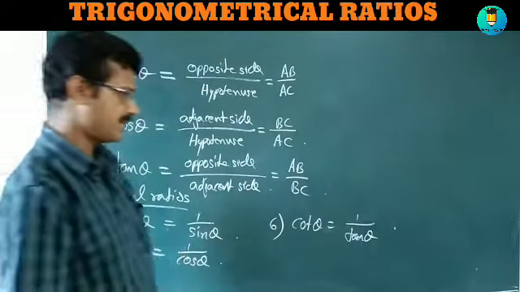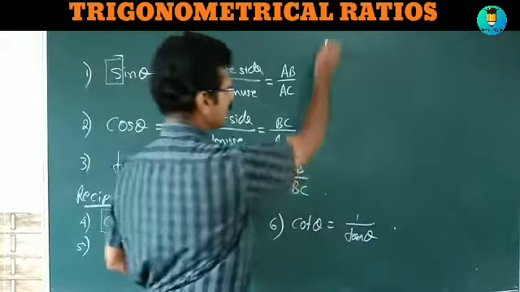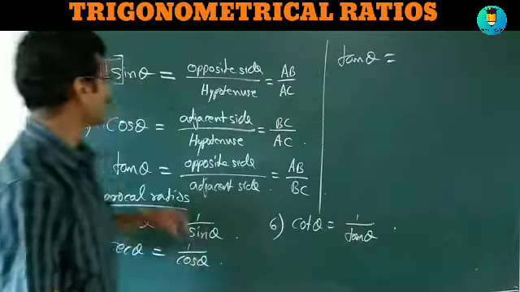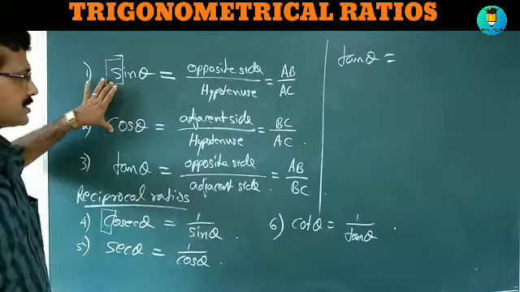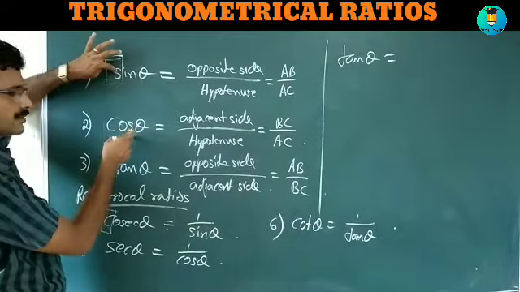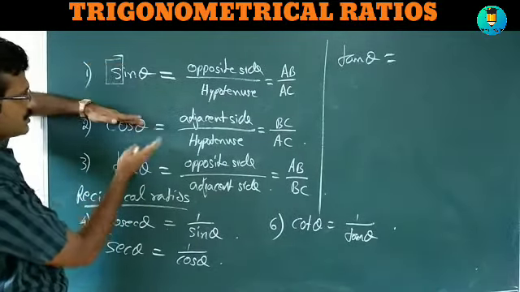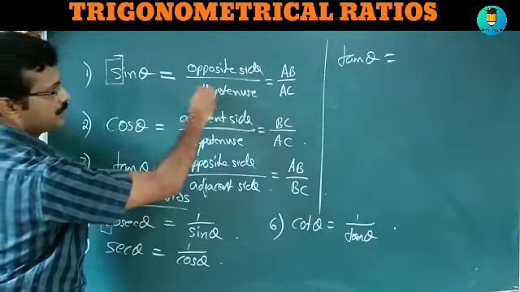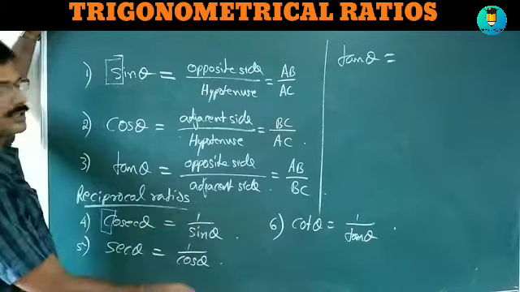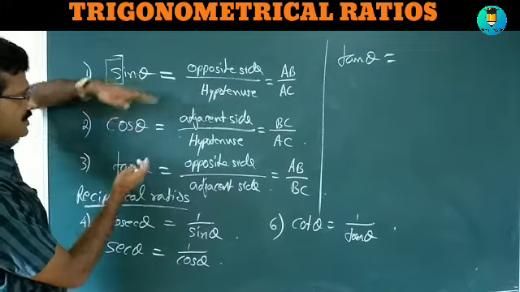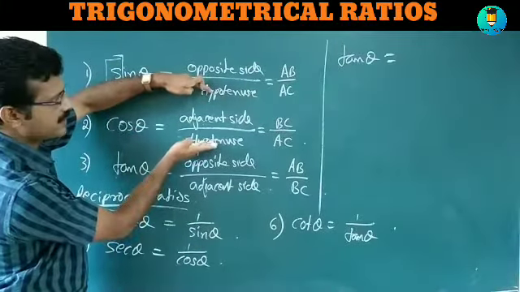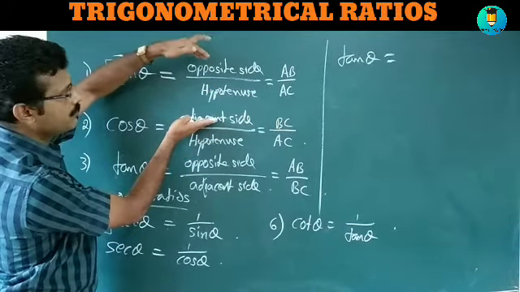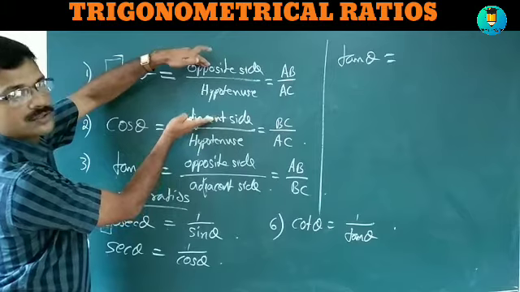And one more thing we can write, that is tan theta. Tan theta can be written as the combination of these two. See, if I divide sine with the cos, what will happen? The hypotenuse will get cancelled. The leftover will be opposite by adjacent.